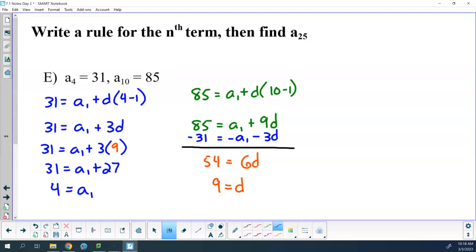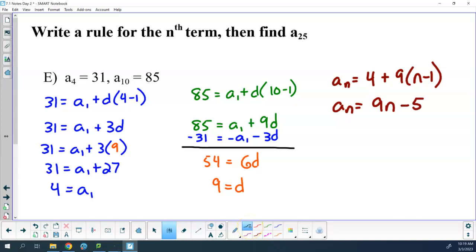If that is the case, then my rule would be a sub n equals 4, being my first term, plus 9 times the quantity n minus 1, or a sub n is 9n minus 5, either one of those.